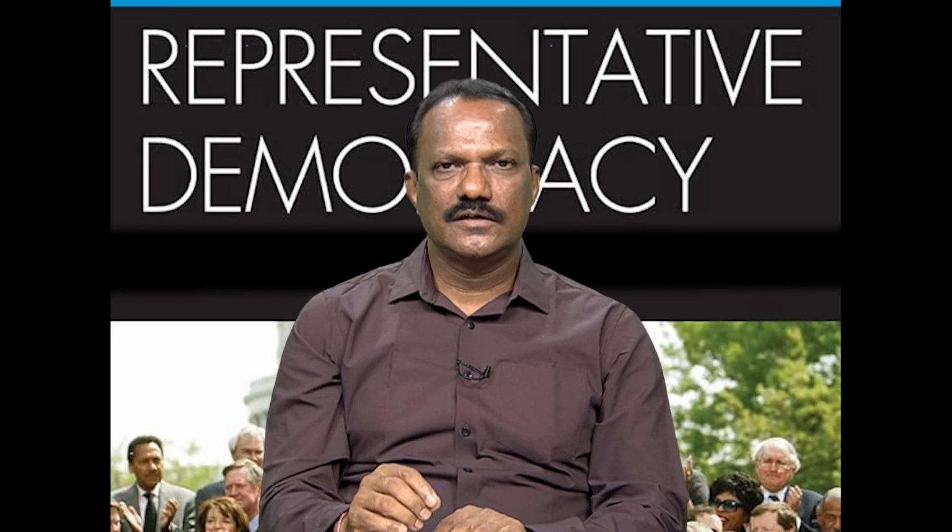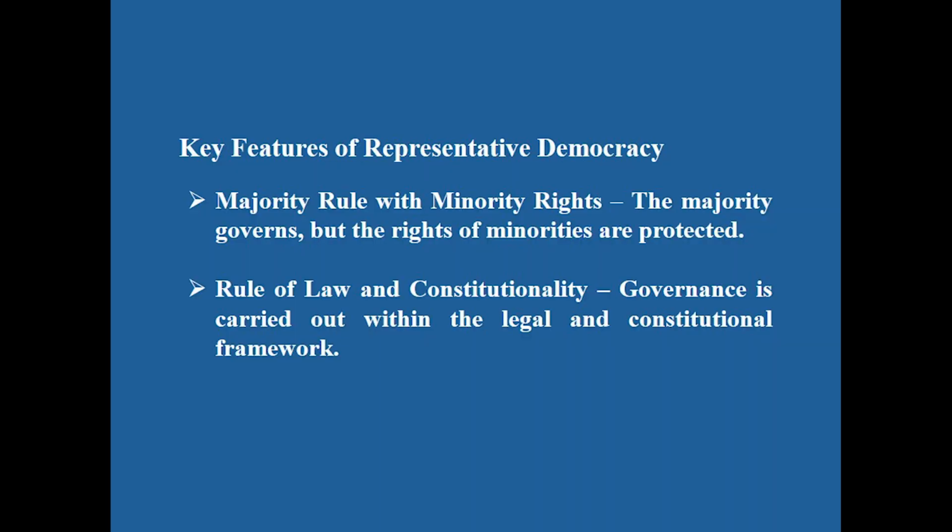Then the next key feature of the representative democracy is rule of law and constitutionality. Almost all countries follow the rule of law. Rule of law means all are equal before the law and have equal protection by the law. This rule means equality before law.